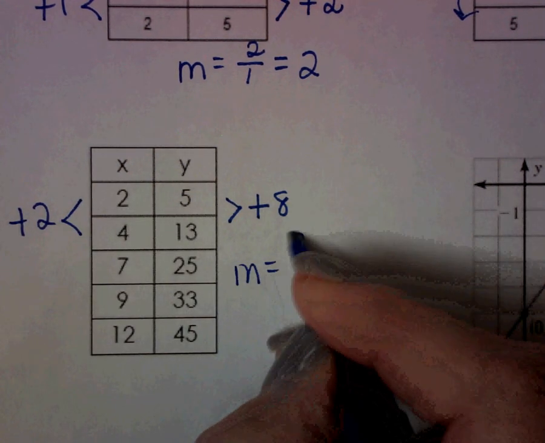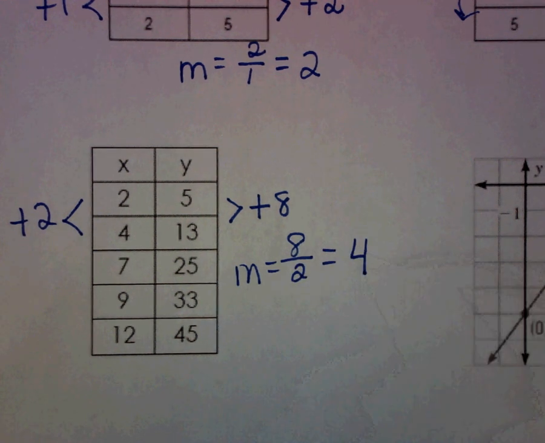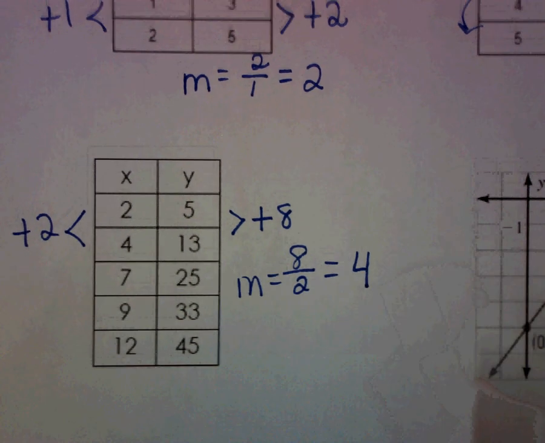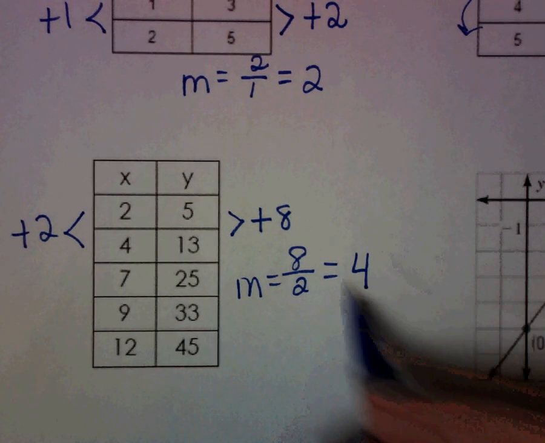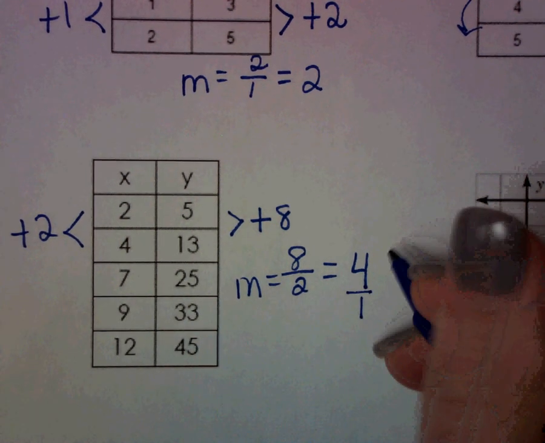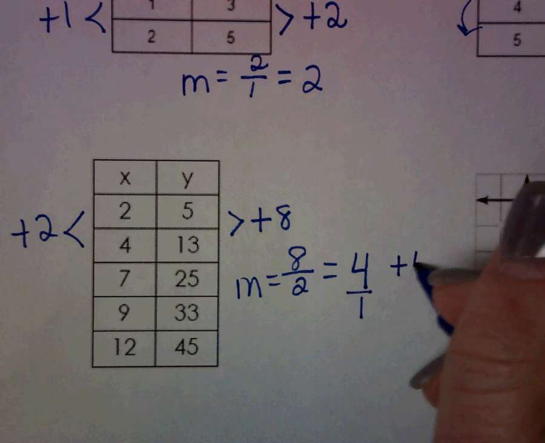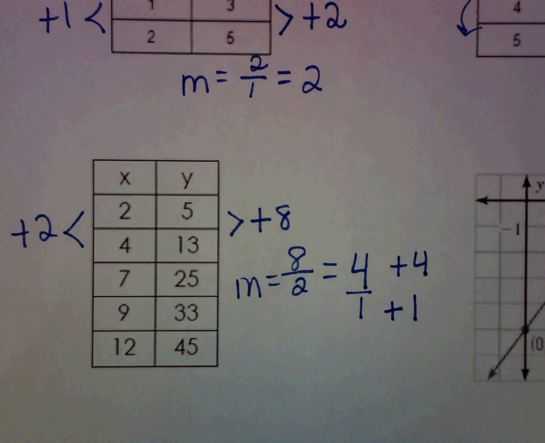So our slope would be 8 over 2 or 4. Now that's really important because remember, we want the unit rate. Our unit rate is 4 or 4 over 1. So our y's are increasing by 4 and our x's are increasing by 1.